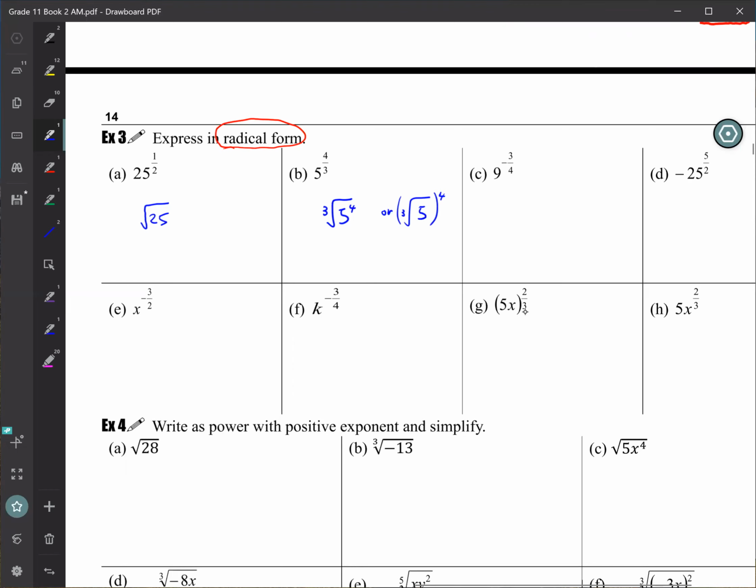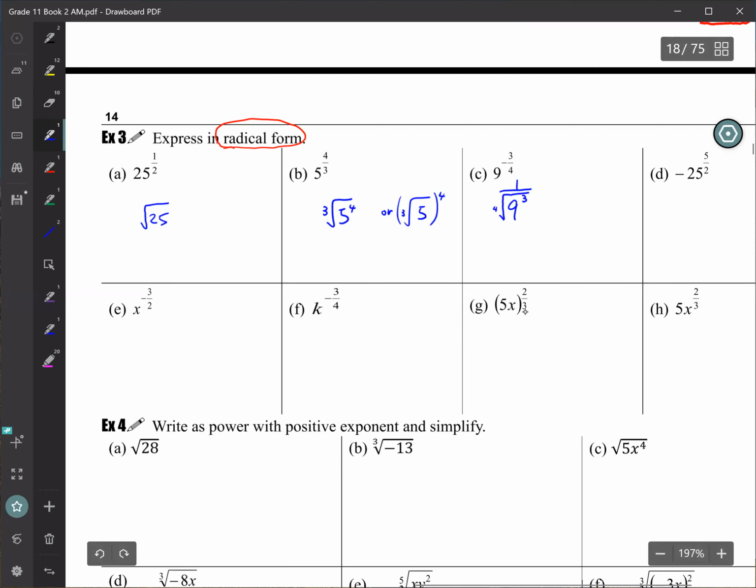Okay, Nathan, how about C? 9 to the power of 3 inside, then 4. Oh, it's a negative 1. Say that again. Like 1 over. Oh, 1 over, okay. Yeah, and then there's a root over the 9, and then the 4 outside.